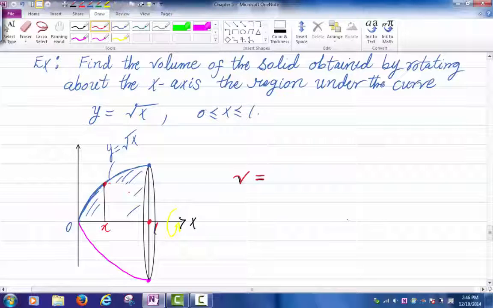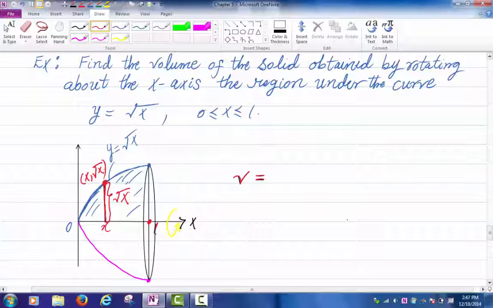So can someone tell me the length of this segment? Because it's the graph of the function root x, at x the height of the graph would be root x. This point here has coordinates x and root x. So for any x between 0 and 1, the height is root x.